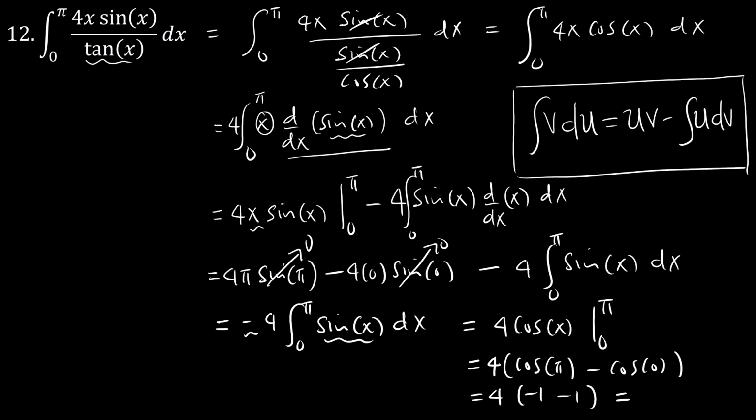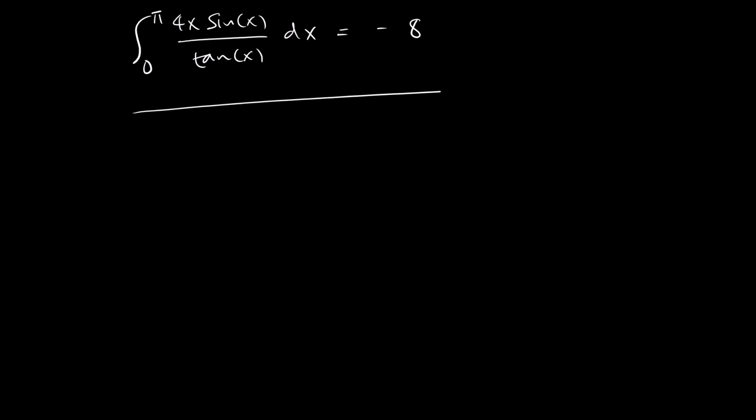And this equals 4 times negative 2, which is negative 8. So what we are seeing here is that the integral from 0 to pi of 4x sine of x over tangent of x is equal to negative 8.